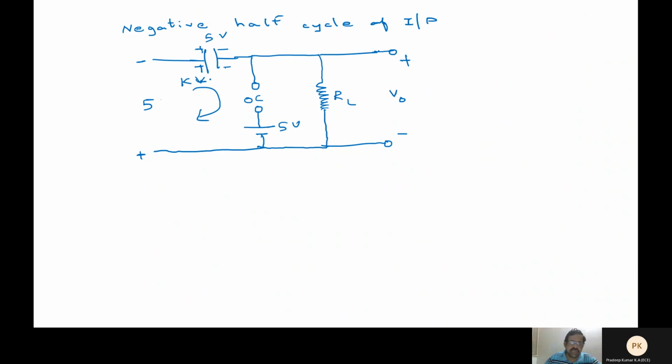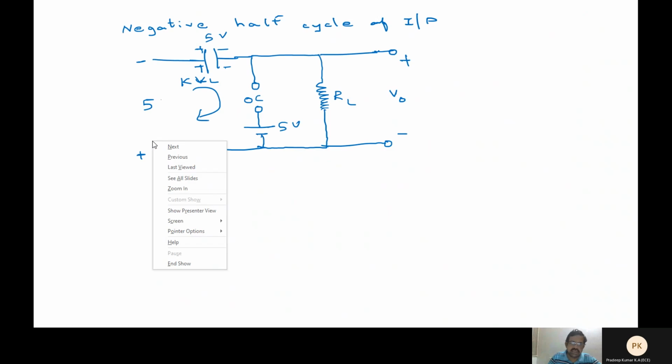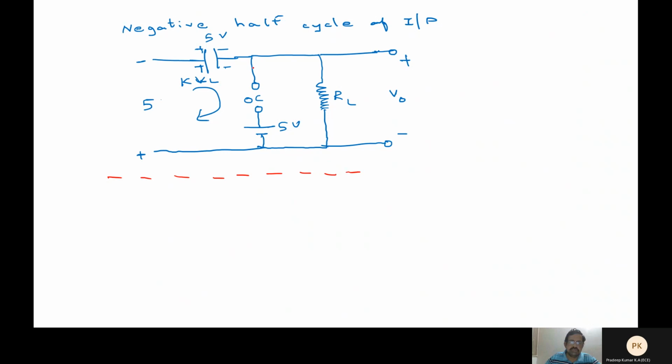Now what is the loop again? The loop is given by the dashed line. It is going to be given in this fashion. Now this part is redundant because it is open circuit, so only this path we have to consider. Now the current is going to be flowing in a reverse direction.